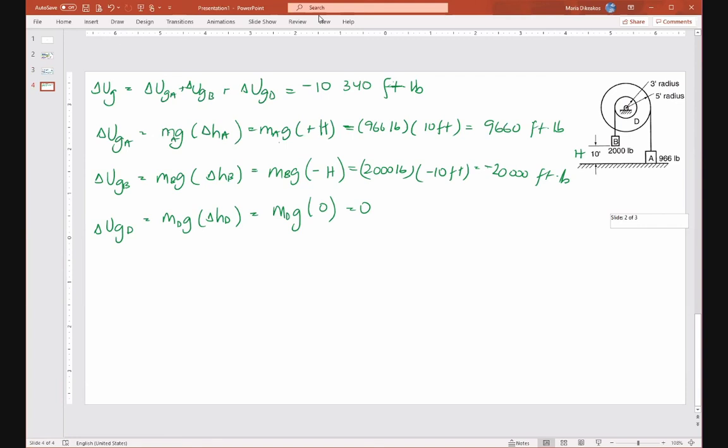Solve for delta K and then add it to the delta UG to find the delta E. But can we solve for delta K as yet? Meaning, what is it that we're looking for? In this case, I think it would be omega. That would be the only real unknown. Okay.